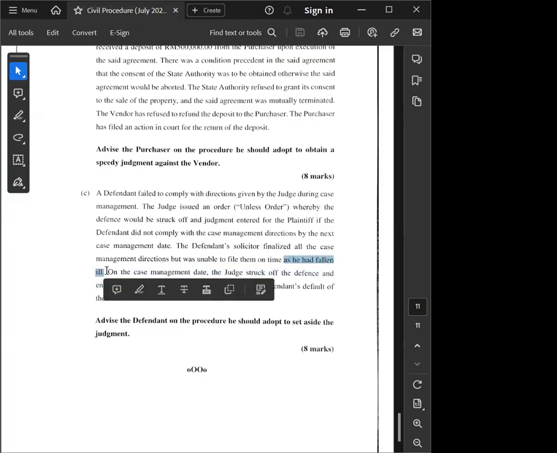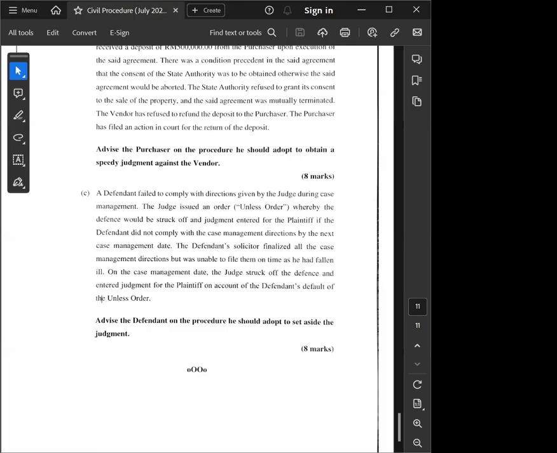We cannot just throw out someone's case when people are ill. This is a very strong ground. So given that the counsel is ill, it can be set aside under Order 34, Rule 2, Sub 4, and the way to set aside is given under Order 42, Rule 13, as we can see from the chat box.